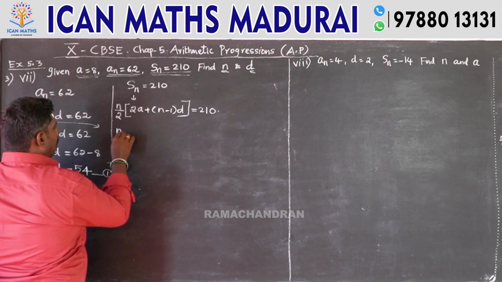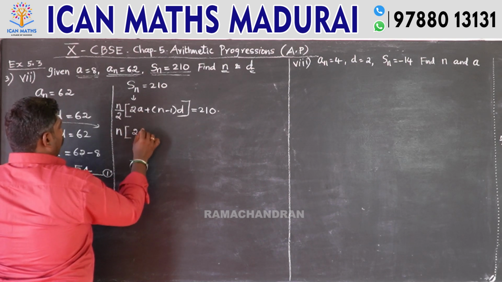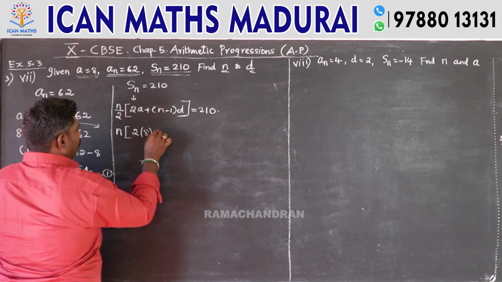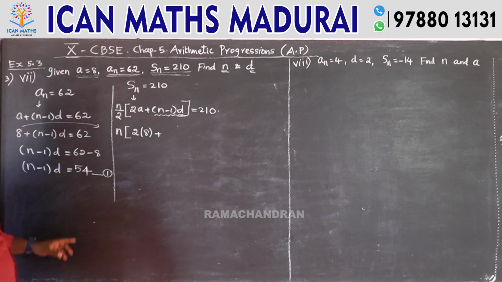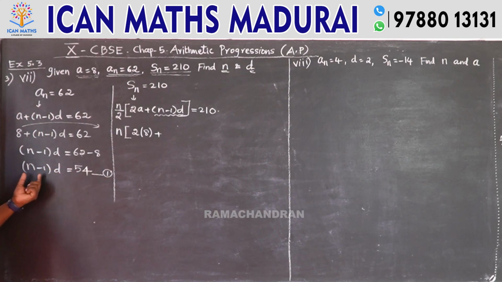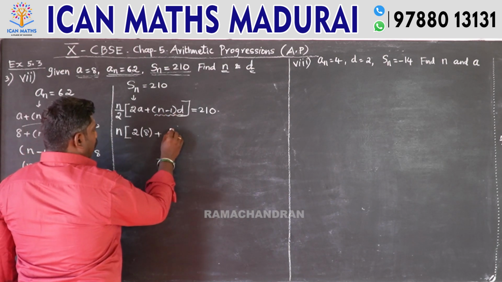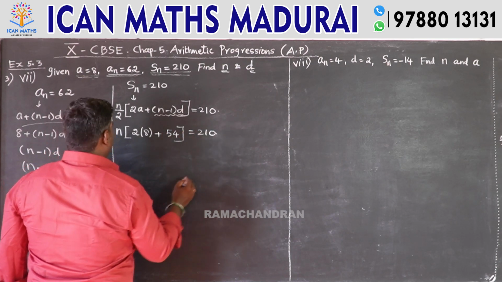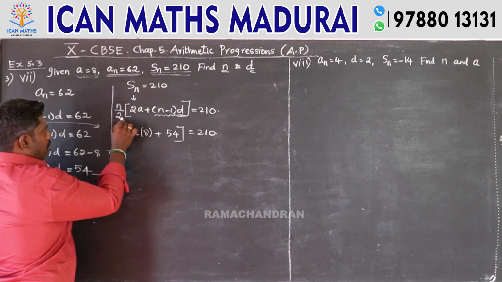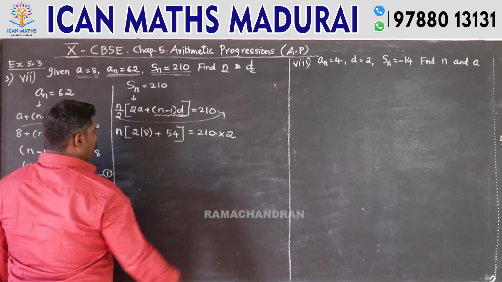Now n by 2 into (2 into the a value 8, plus (n minus 1) into d). We have equation number 1: (n minus 1) into d is equal to 54. So for (n minus 1) into d, we can substitute 54 here. The division by 2 changes to the right-hand side and becomes multiplication.